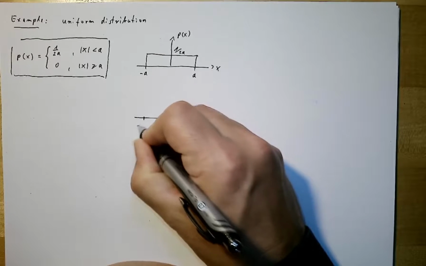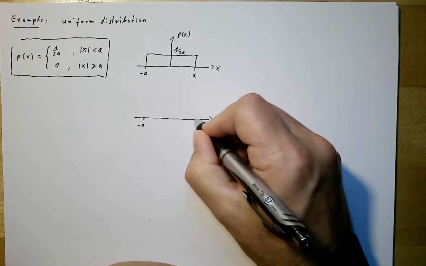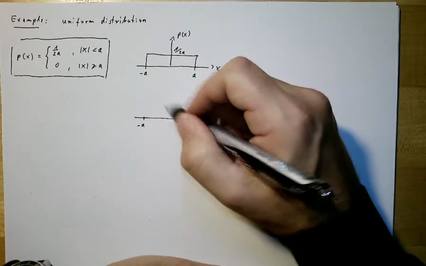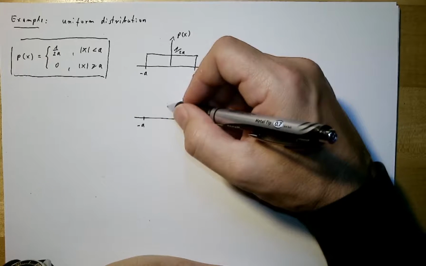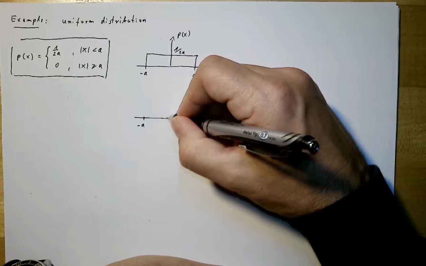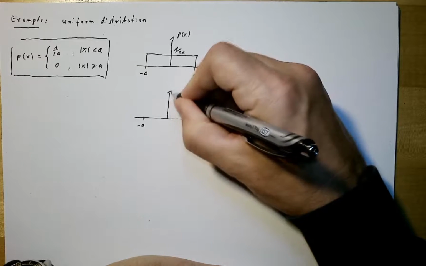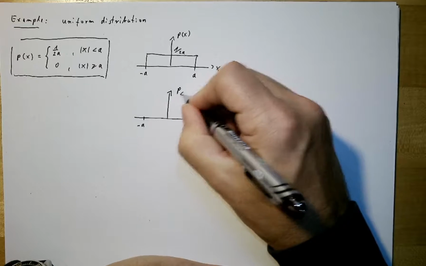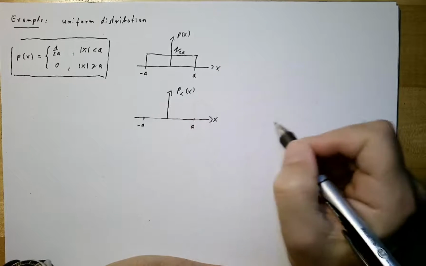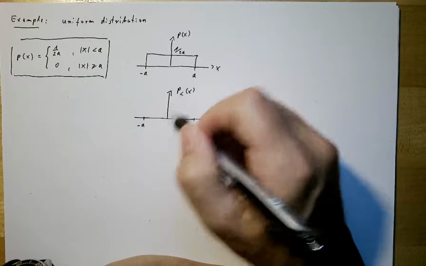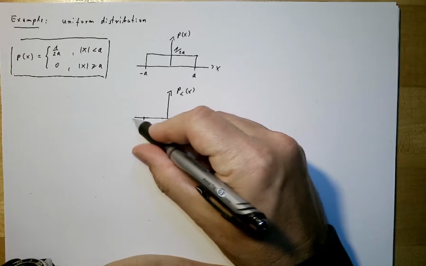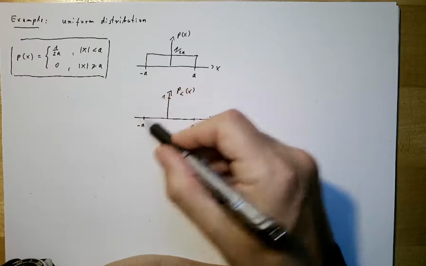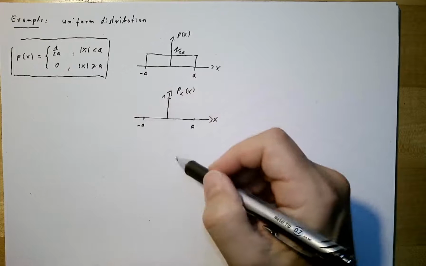First let's plot the characteristic values -a and a. And the function P smaller of x, we want to plot this, and the CDF is a quantity which goes from 0 to 1. So we know that's the range of values that we can have.